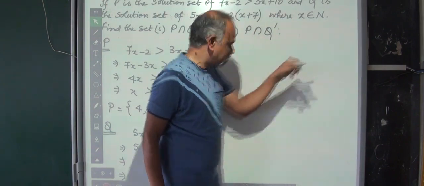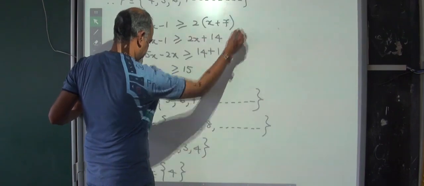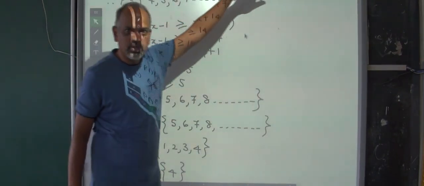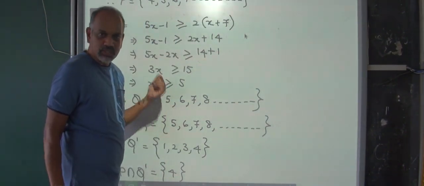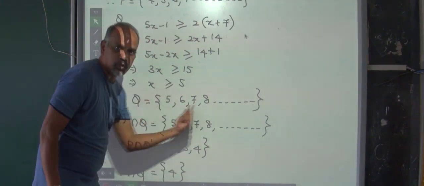Okay. And you got Q. See this. This is Q. And x belongs to natural numbers. So Q dash are those elements which are natural numbers but not present in Q.